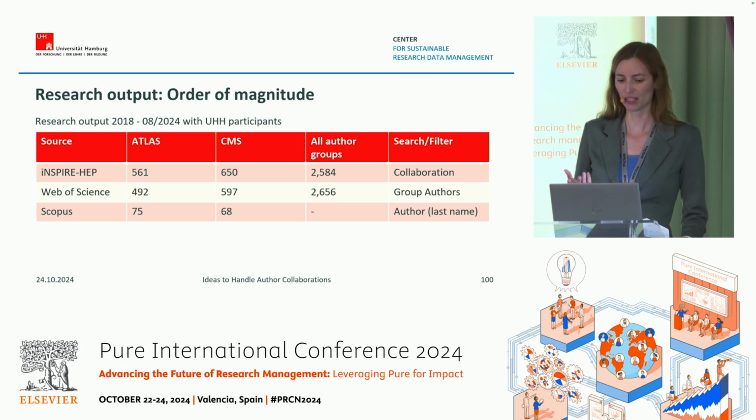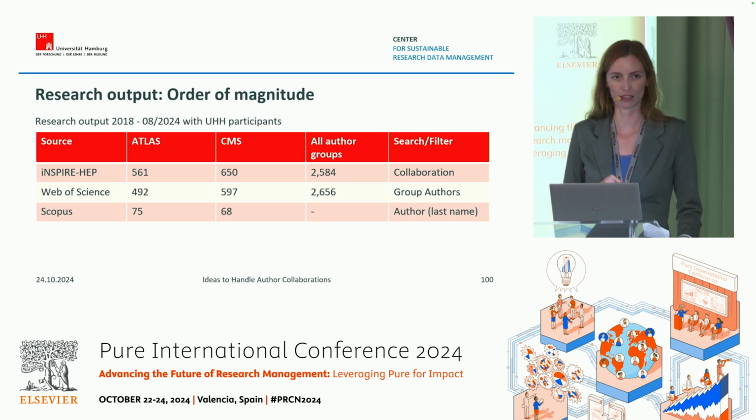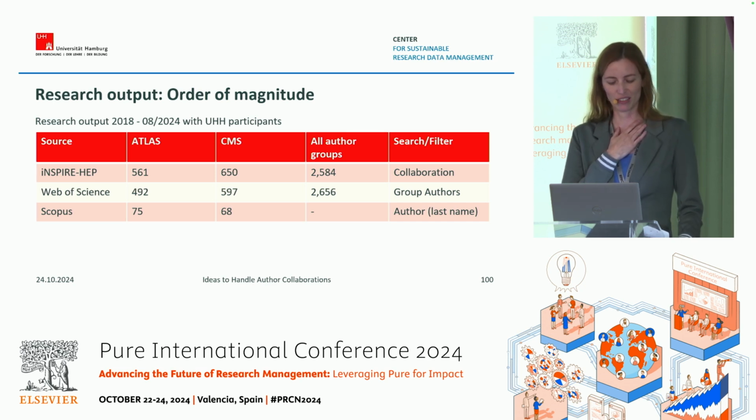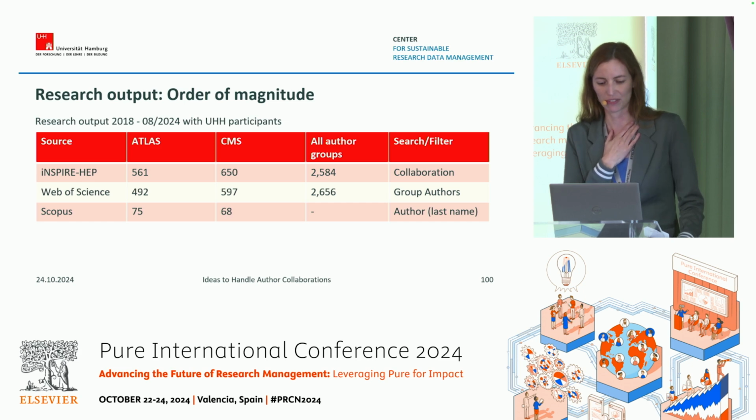InspireHub is a bit higher when you look at Atlas and CMS collaborations and their research output, which does make sense because it's very physics-specific. And when you look at Scopus, very low numbers.